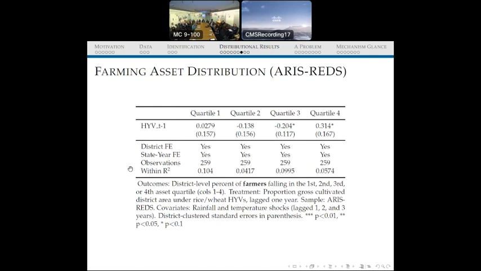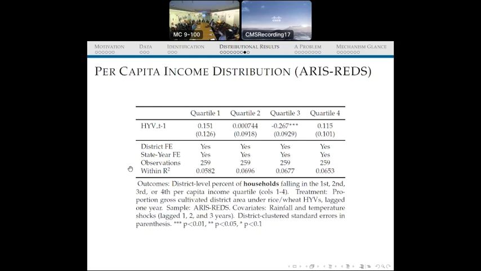This is generally what you're going to see: no change in the number of people who own very, very little productive assets for farming. If I look at per capita income, it looks similar: there's a reduction in the people in the third quartile and no statistically significant change at the top and the bottom, but maybe an insignificant buildup at the top and the bottom.